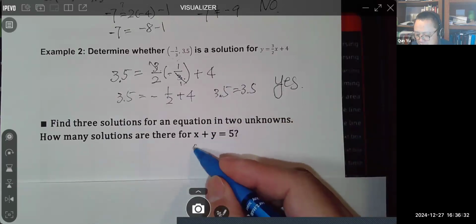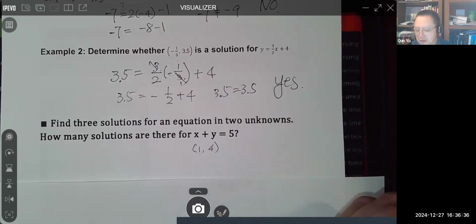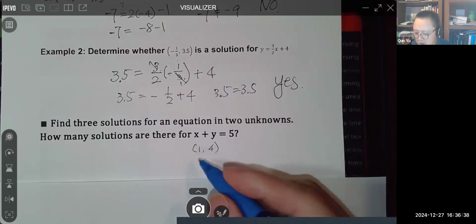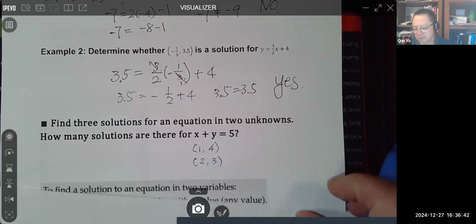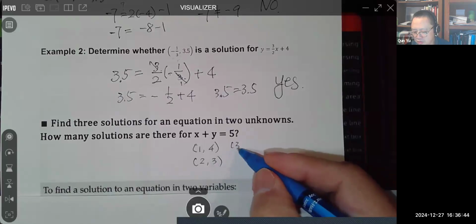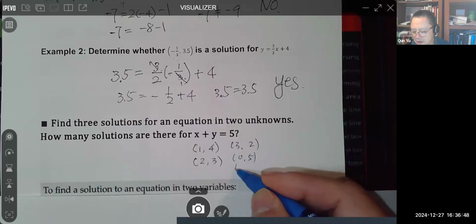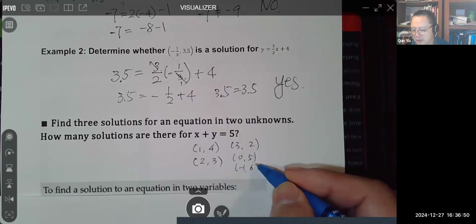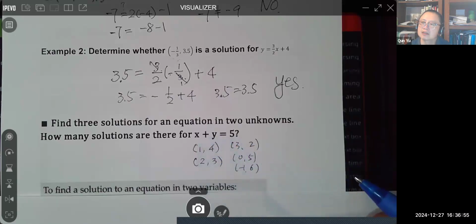If x equals 1, y equals 4, 1 plus 4 equals 5, right? So this is a solution. How about 2 and 3? How about 3 and 2? How about 0 and 5? How about negative 1 and 6? So how many ordered pairs are the solution to this equation? Infinite.